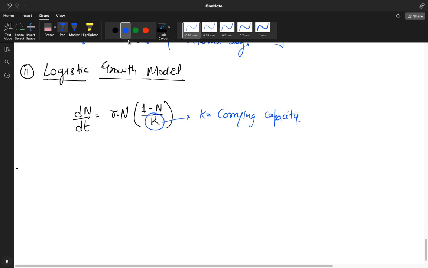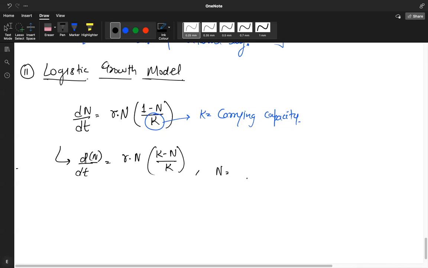If you solve it, you will get dN over dt as r into N into (K minus N) upon K. Right? I just solved it. Where again N, you know what it is?